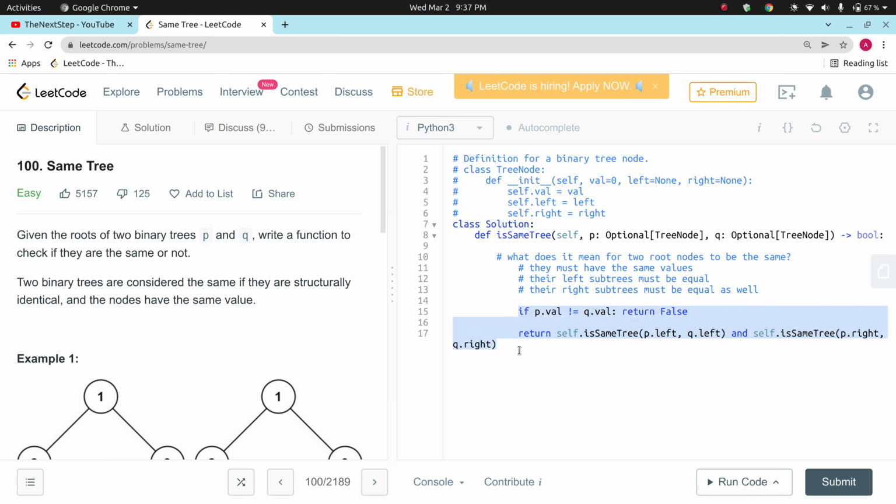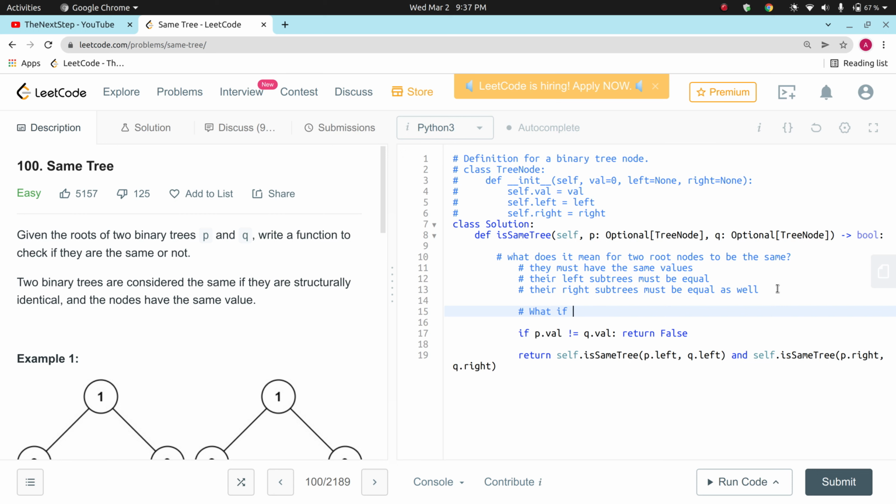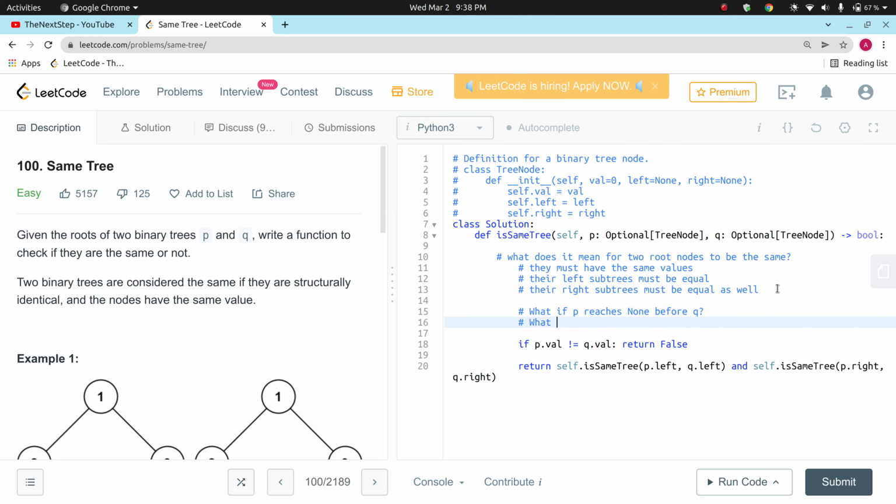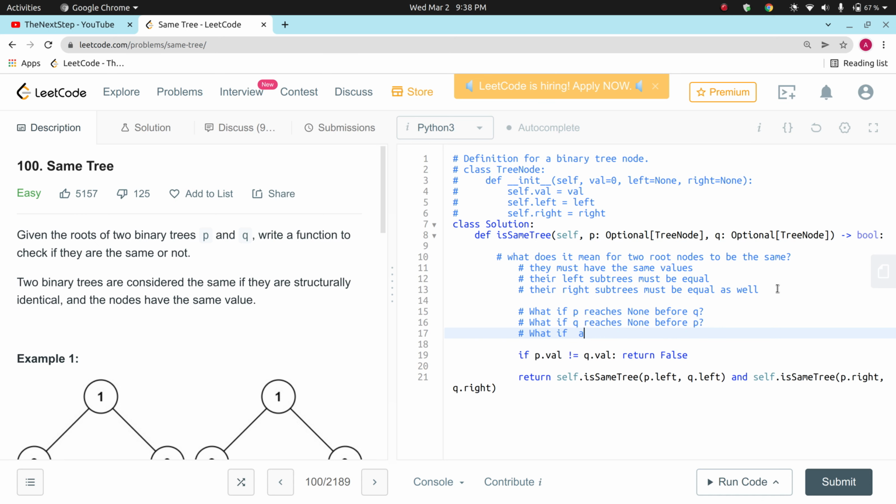So this code by itself is not sufficient to solve this problem, and the reason behind it is when we are calling the recursive function, we also need to consider what if P reaches none before Q, right? Or what if Q reaches none before P? What if P and Q reach none at the same time?